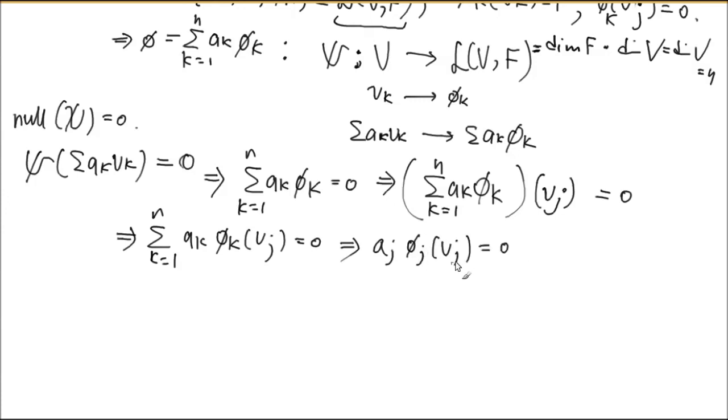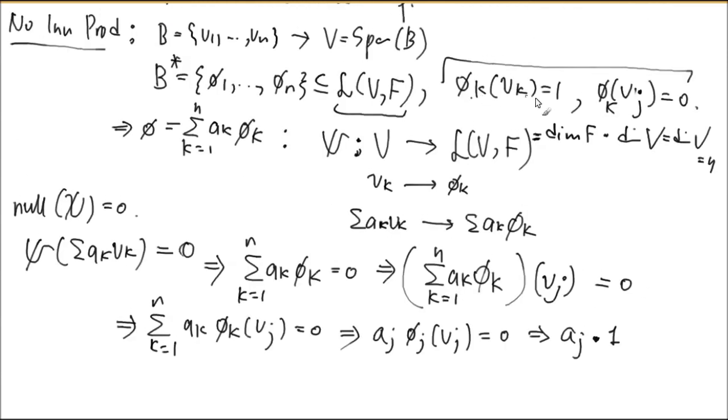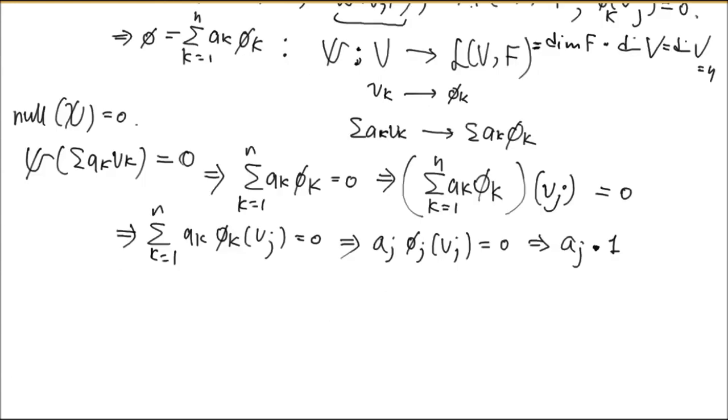But what is v_j, v_j? By definition, that's 1. That picks up 1. So what do you say? a_j is 0.